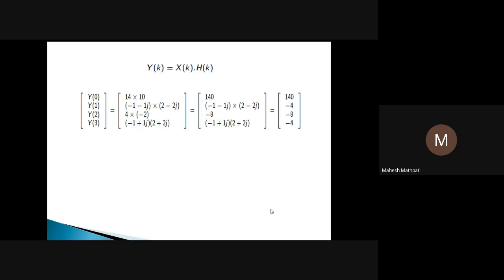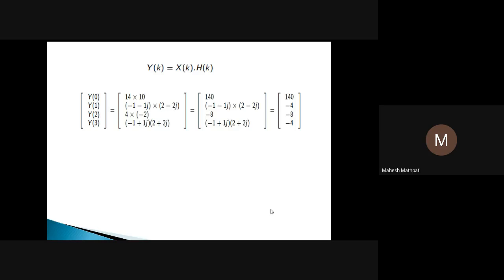Can you calculate the answer now? What is the formula of IDFT? x of n equals 1 upon N, W_N to the power minus kn, into X of k.